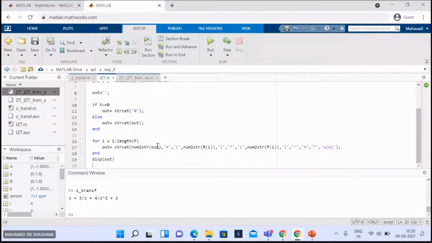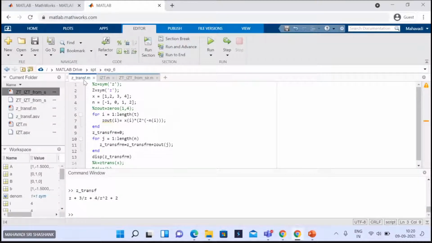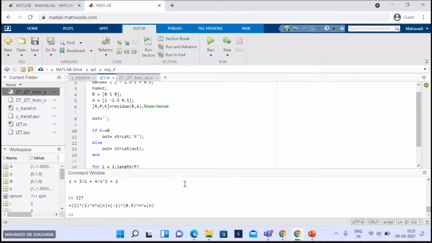Why? You have not run that. Which, sir? Inverse Z transform? The IZT. So all of you please check how to give the numerator and denominator coefficients in MATLAB. Yes, sir, we can use it from RPK.